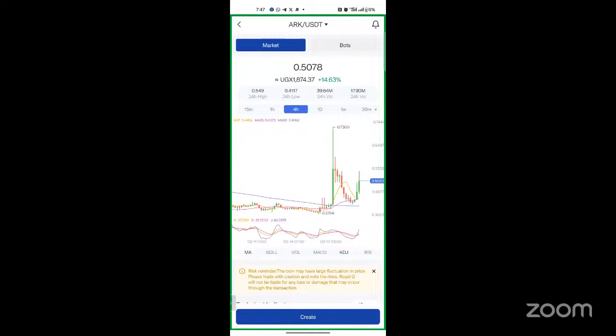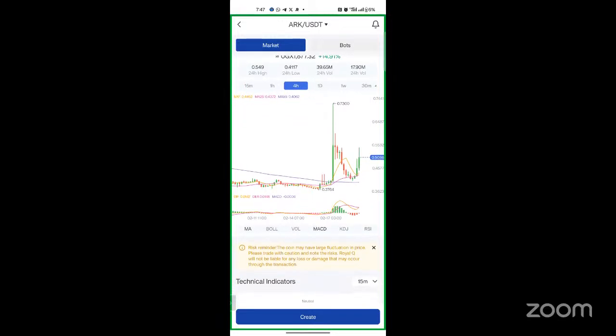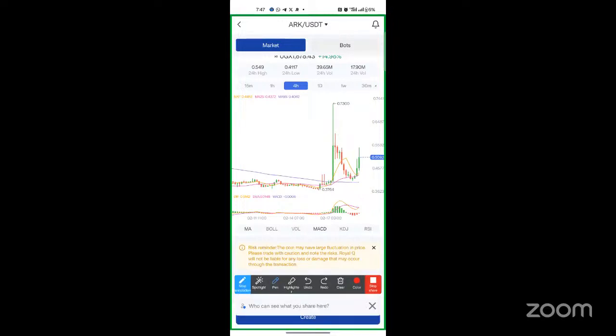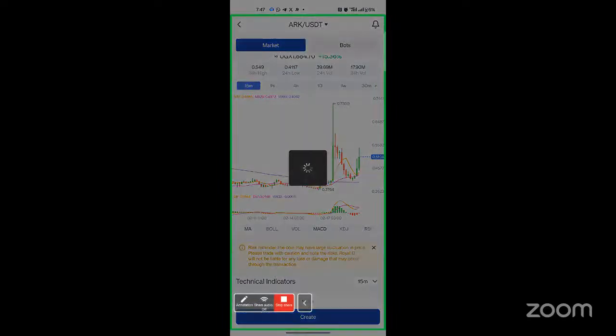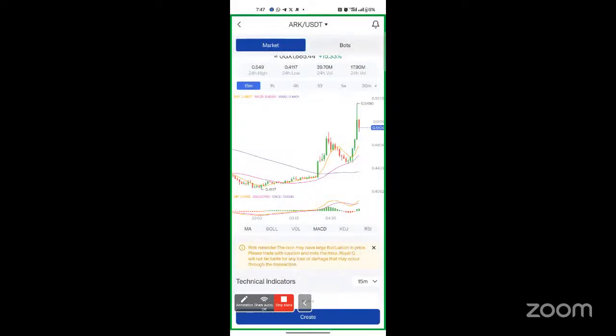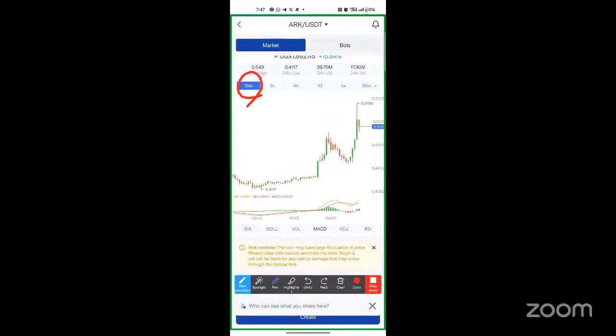Okay, so let me focus on why we are here. The indicator that is inbuilt in Royalq, and specifically we are going to focus on the 15 minutes time frame, is called MACD.